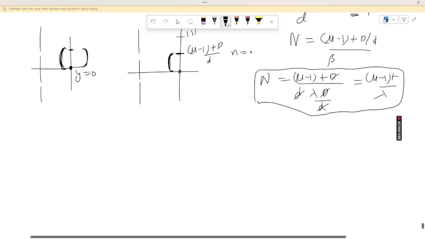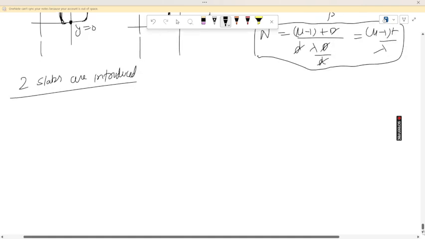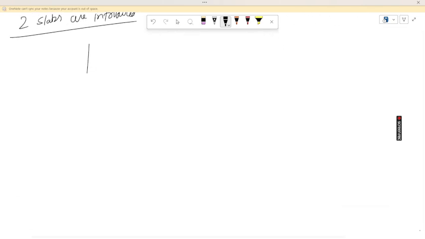Now let's suppose two slabs are introduced. I will just write down the formulas and show you how to derive these.